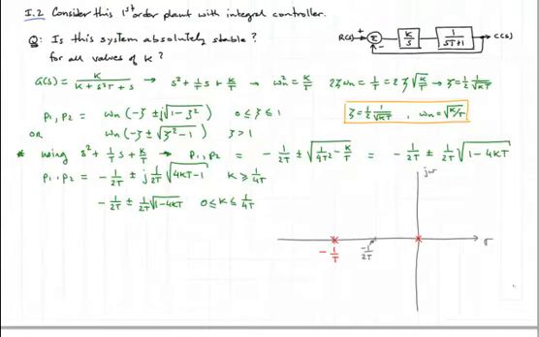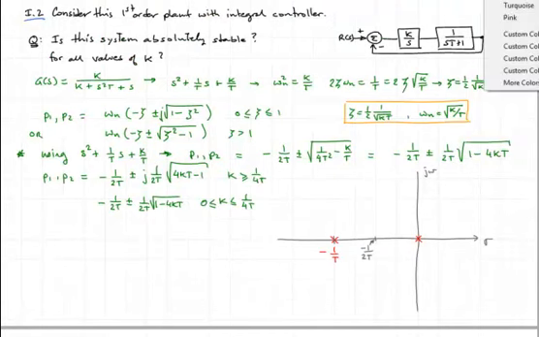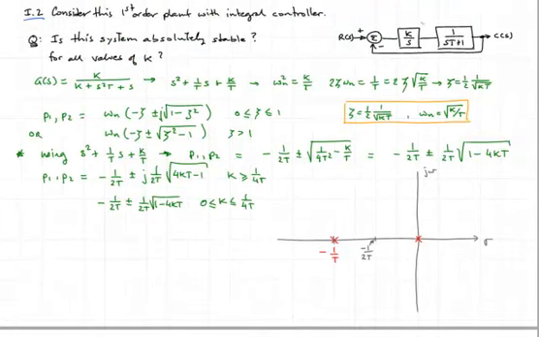Now let's consider the same first order system, but now we have added an integrator controller, k over s. So our closed loop transfer function is going to be k over s squared t plus s plus k.